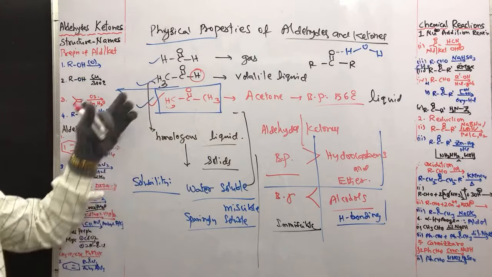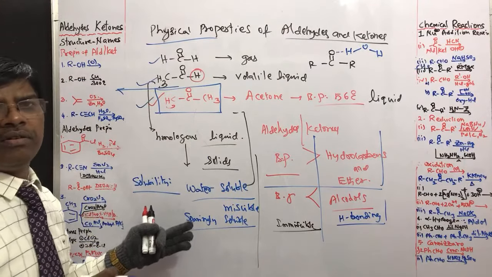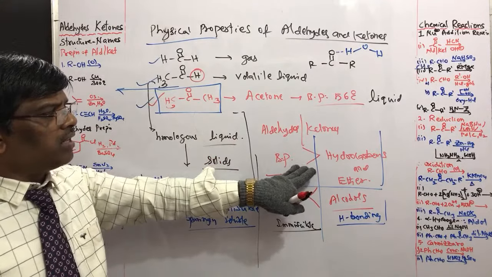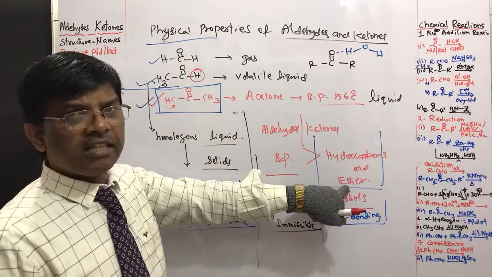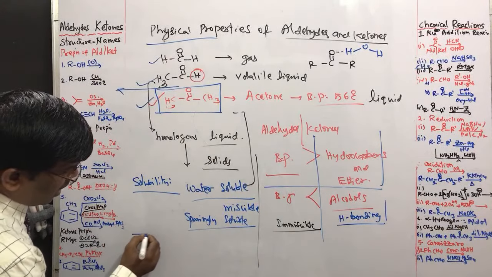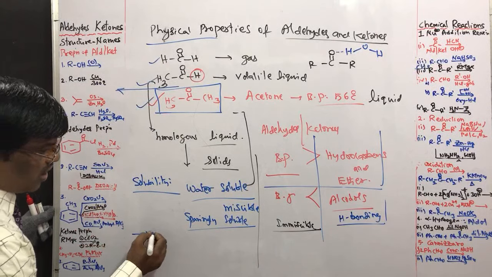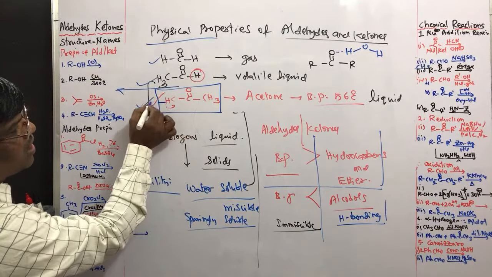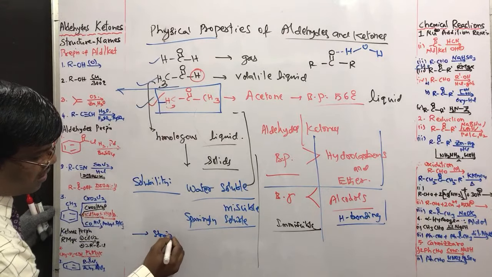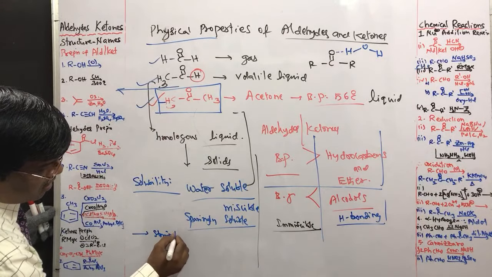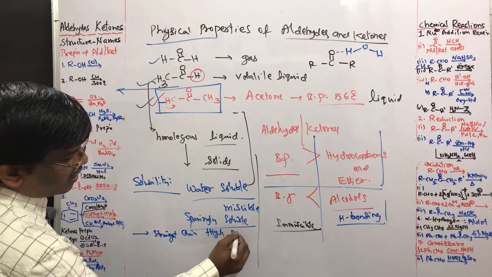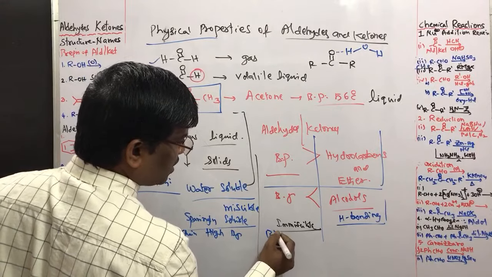Yes, students. So these are the physical properties, nothing much to worry about. Usually you will be tested on the boiling points based on these hydrocarbons and ethers, and one more key point is that straight chain compounds will have high boiling points compared to branched chain.